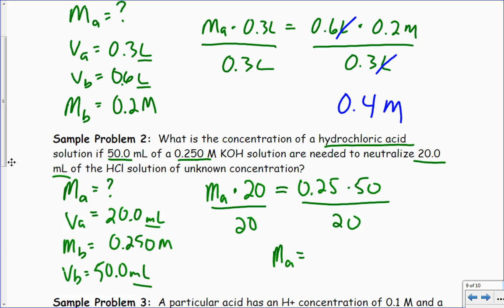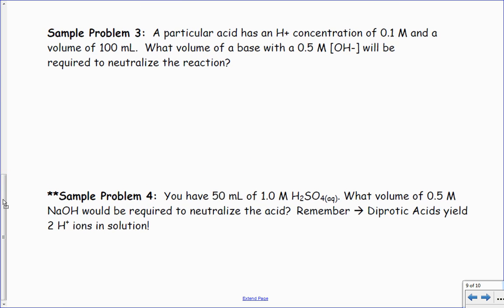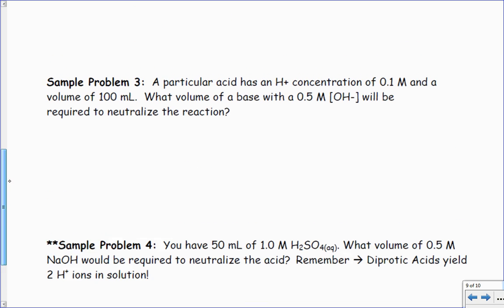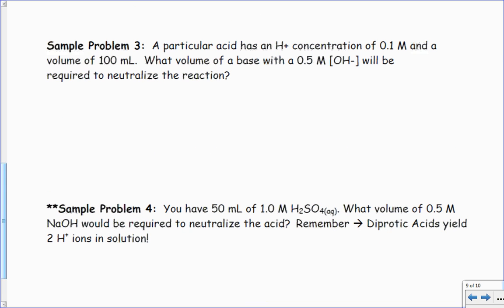So now again I have to do the multiplication first. 0.25 times 50 equals, divided by 20 equals 0.625 molar is the molarity of the acid. Let me just look at these problems real quick and see if there's any issues with you being able to solve them.